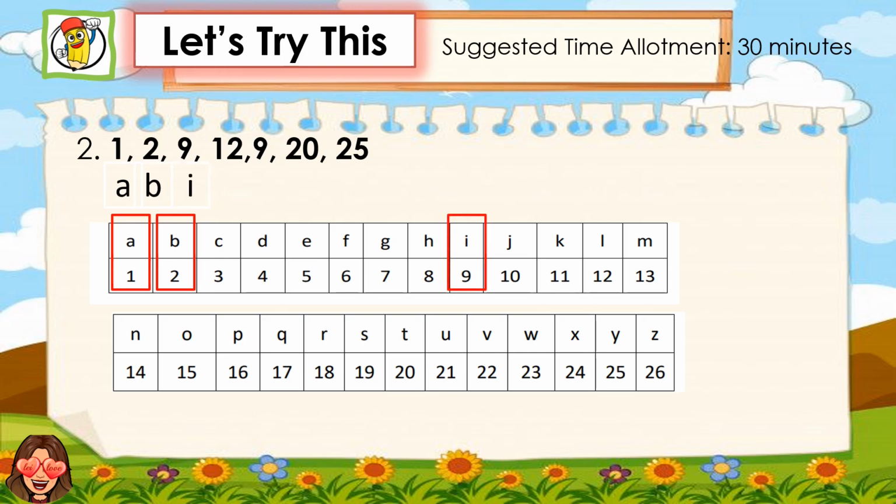You are correct. That's letter I. And for 12, letter L. And we have number 9 again. We have letter I. How about for number 20? That's letter T. And for number 25, that's letter Y. We can form a word that is ability.